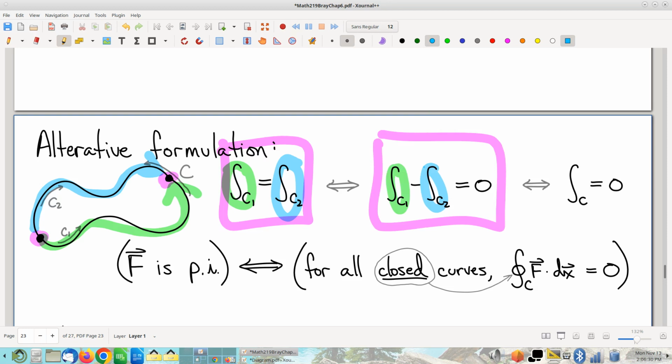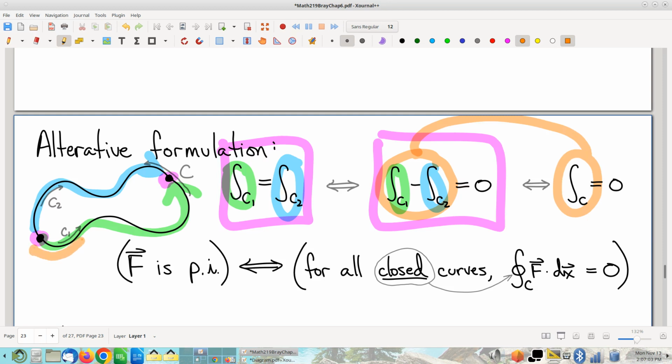Okay, but now let me take a look at this difference, green minus blue, and keep in mind that a minus sign amounts to going backwards on a curve. So I have a plus sign as I go around C1, then a minus sign as I go around C2. I claim that this suggests that I'm going around a new curve that is forward along C1 followed by backwards along C2, which is pretty easy to draw.